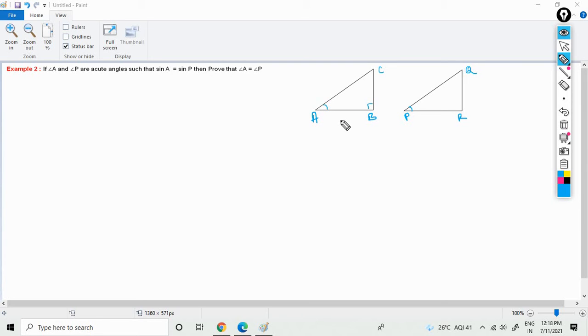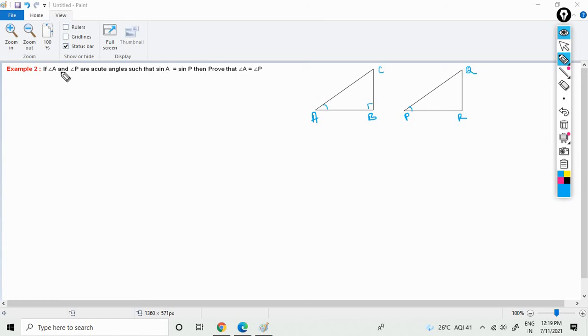So how can we say that these two triangles are similar? You have to show that AB by PQ is equal to BC by RQ is equal to AC by PQ. If you prove that this relation holds, then we can say that these triangles are similar.